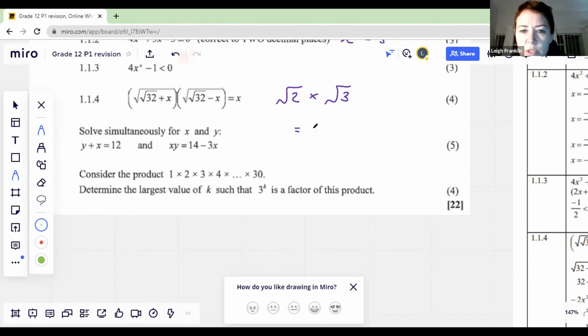What would it be equal to the square root of? Does anybody know? Is it the square root of 6?